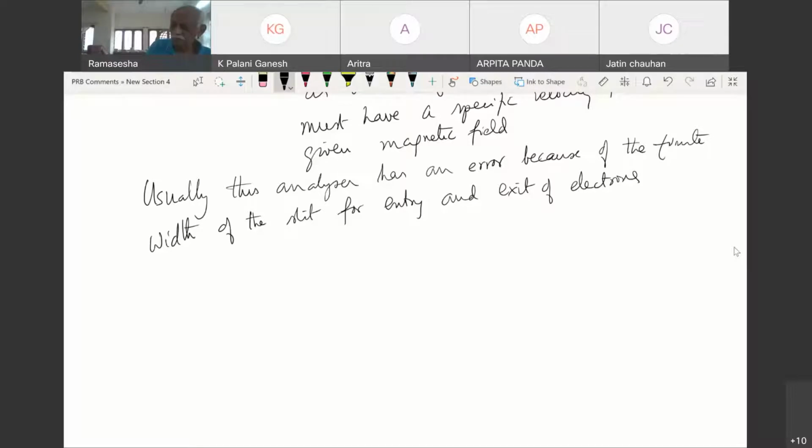And of course, if you are doing this for gases, what happens is the molecules are moving around in space, then we have a Doppler shift of the frequency.